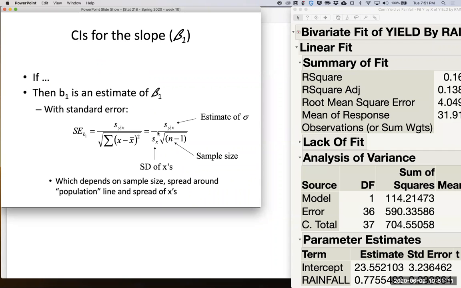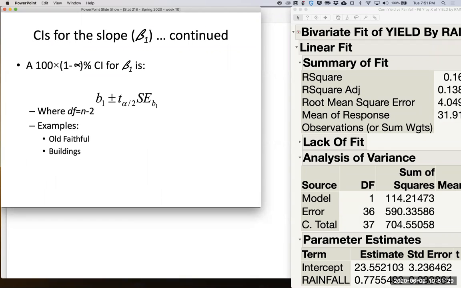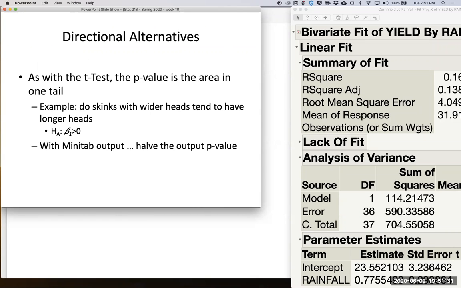If you have a standard deviation of the x's so far, that's a standard deviation of the rainfall values historically. If you know the spread around the line, maybe algebraically, you could solve for how many years worth of data you need to get the desired level of precision. That's not an exercise I'm going to be doing for you right now, but it is pretty easy.